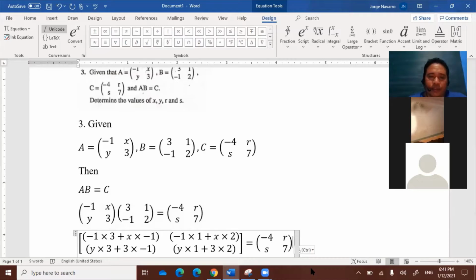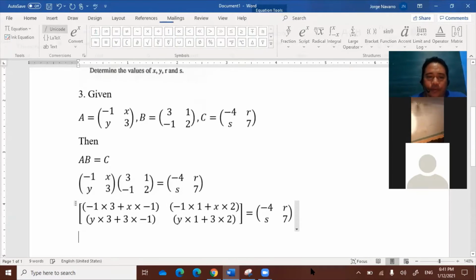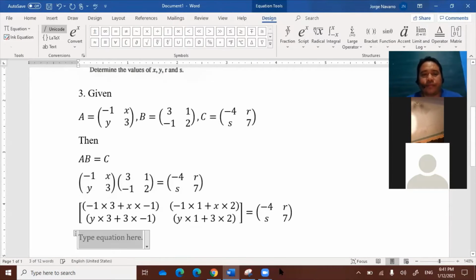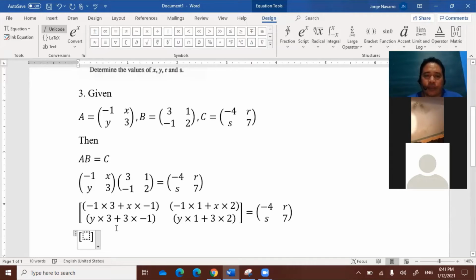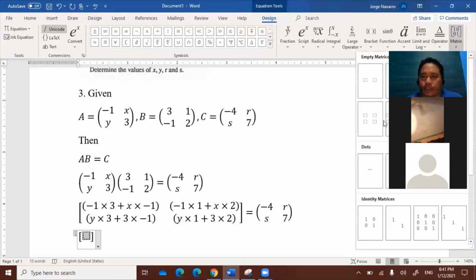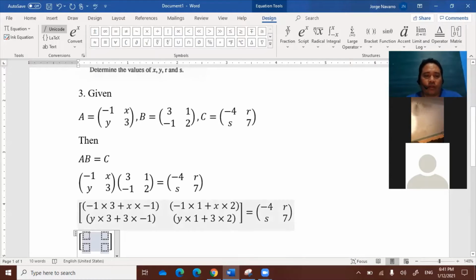All right, so let's look at what this will give me. Again, alt equal, I'm going to use a square bracket, click inside, and use a 2 by 2 matrix. Now I'm going to put in the values. So -1 times 3 is obviously -3, plus x times -1 is actually -1x.